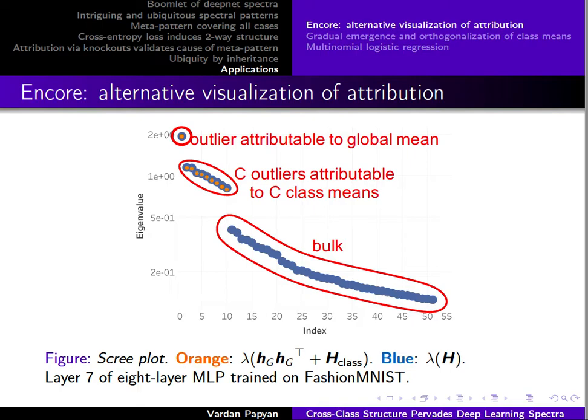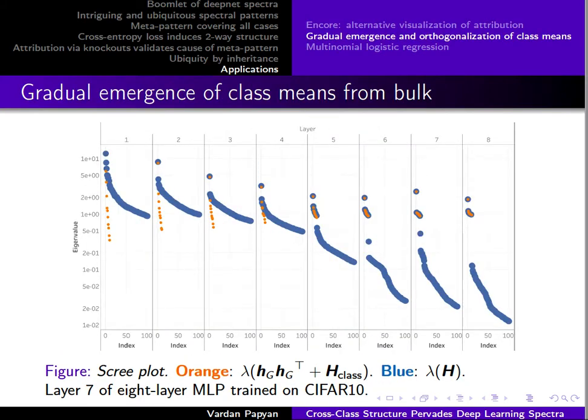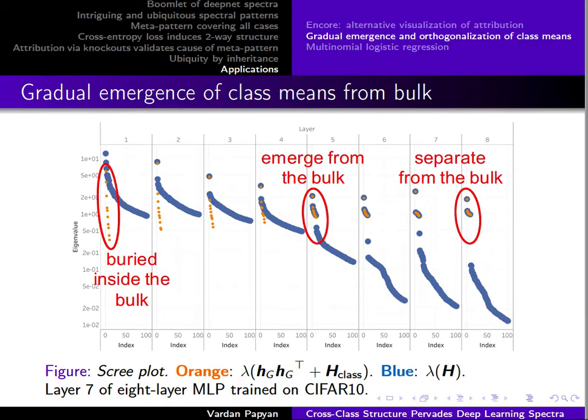Now, you could take this measurement and repeat it as a function of depth for the different layers of the network. And then you see the most beautiful phenomenon ever, which is this. Each one of these columns is showing the spectrum for a certain layer from 1 to 8. What you can see is that initially, at the first layer, the outliers, which are essentially attributable to the class means, are buried inside the bulk.